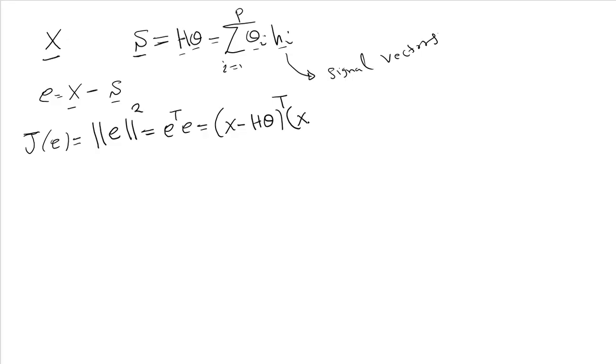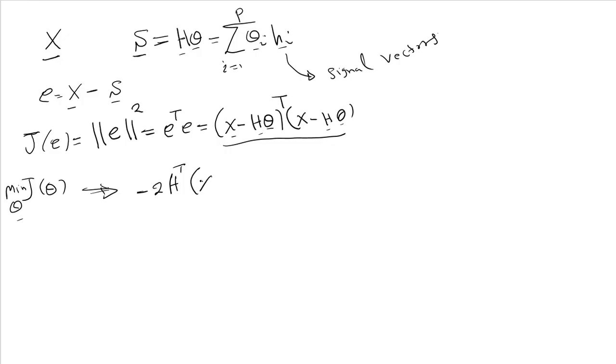And I'm going to find theta which minimizes J. For this you only need to take the derivative with respect to theta. It will be minus 2 H transpose (X minus H theta) must be equal to 0.